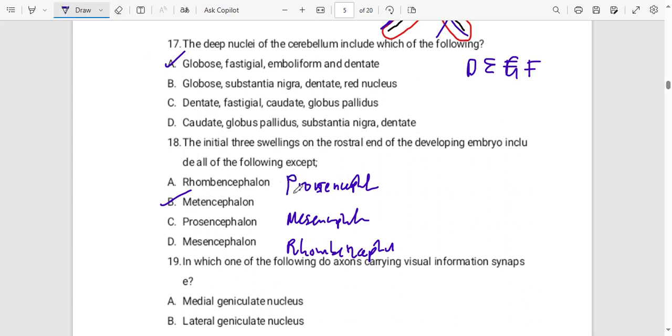So later on, these are going to develop into secondary brain swellings. The prosencephalon is going to divide into two. The mesencephalon remains as the mesencephalon. The rhombencephalon divides into two. Let's start with the prosencephalon. Which two does it divide into?